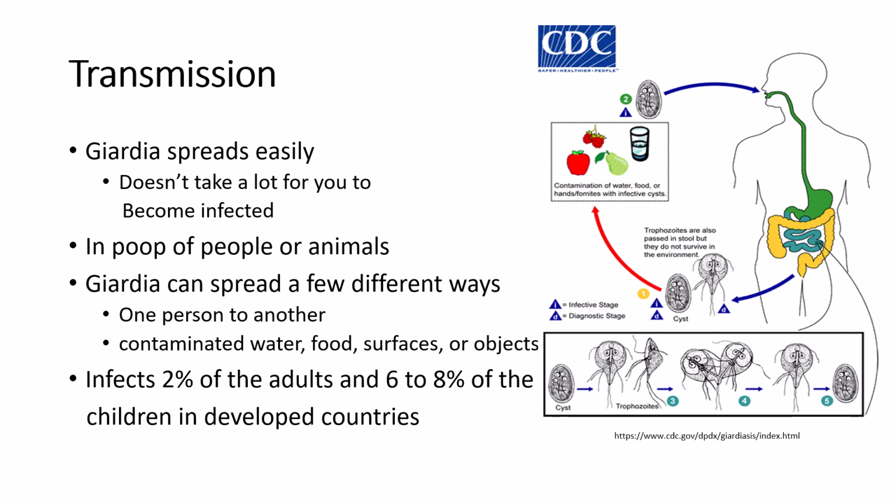It can spread from one person to another or through water, food sources, objects, like having close contact with somebody who's sick, swallowing contaminated water, contact with feces during sex, or picking up or swallowing anything that has giardiasis on it. And then it affects 2% of adults and 6 to 8% of the children in developed countries.